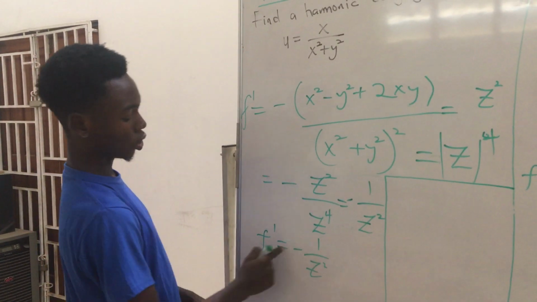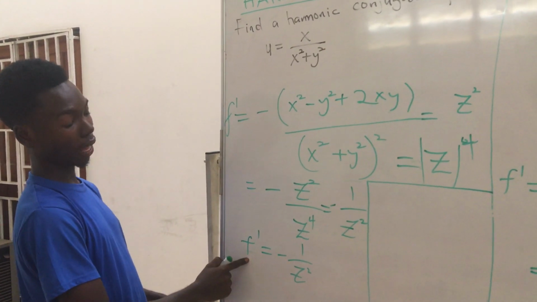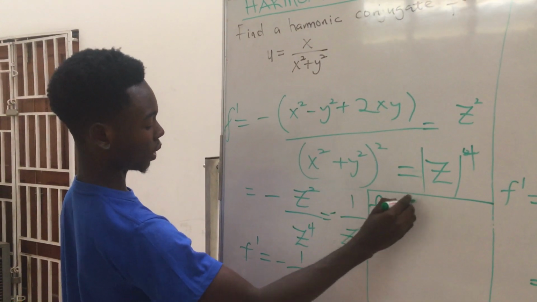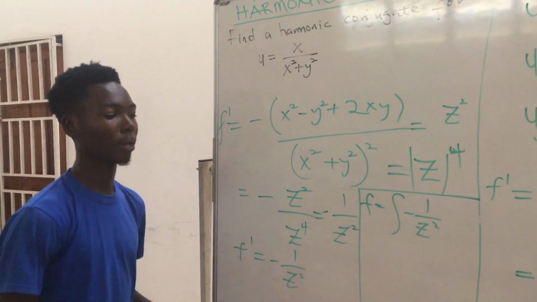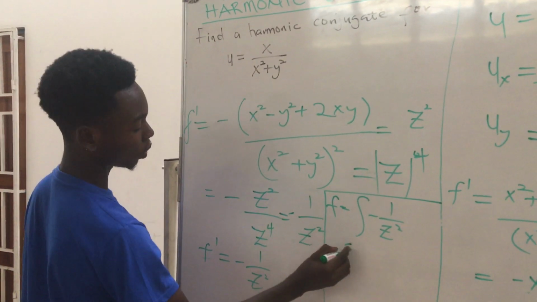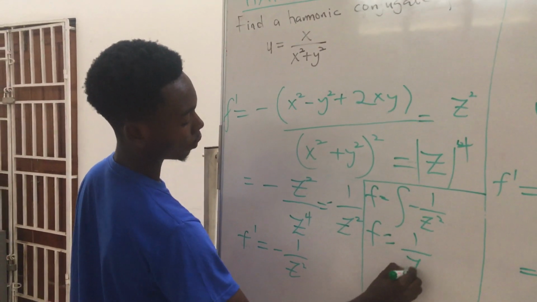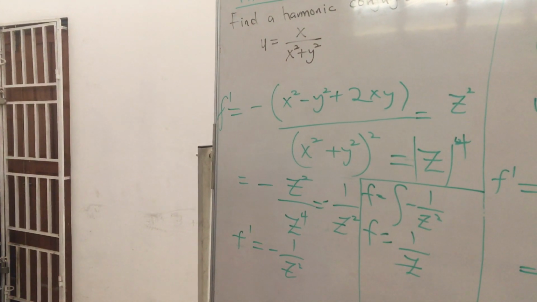So what we are going to do is that we are going to take the integral of this to get what? Our f. So that means our f will be equal to the integral of negative 1 over what? Z squared. Are you okay? And then this will give us what? 1 over what? Z. Are you okay?